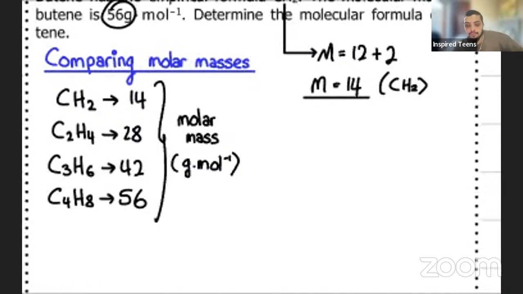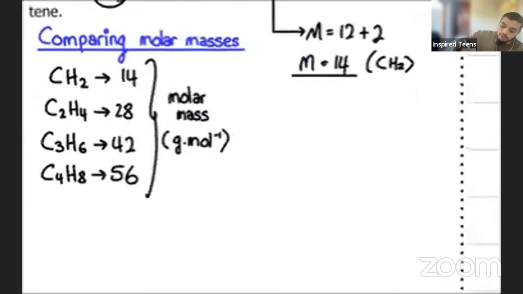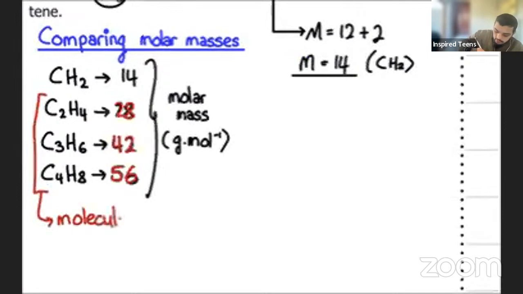It's grams per mole. As you can see, these are molar masses, the red ones. These three would be the molecular formulas, while this one is the empirical formula. I'm just going to write EF. I'm not expecting you to write out each one until you get to the molecular formula.